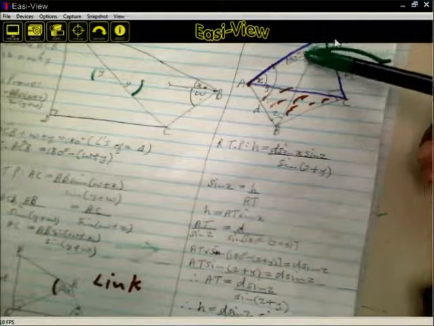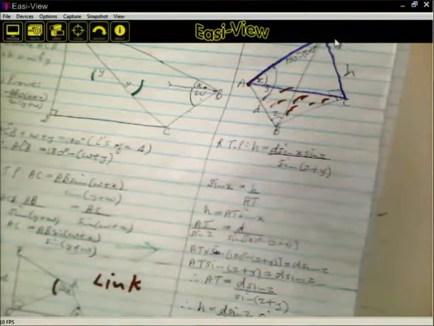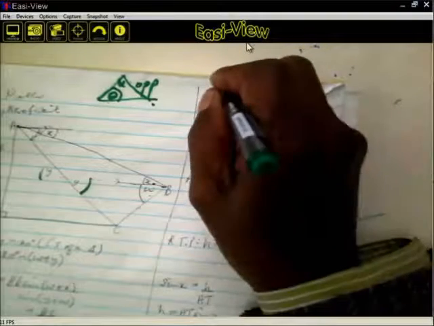From the calculation here, that this is 180 minus z plus y. If I may draw it aside, the triangle is like this. Then you get this, and then you get that.